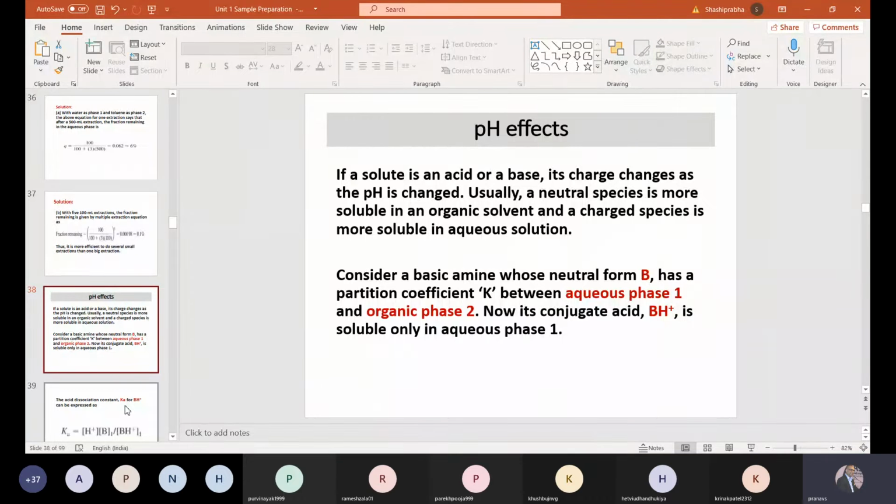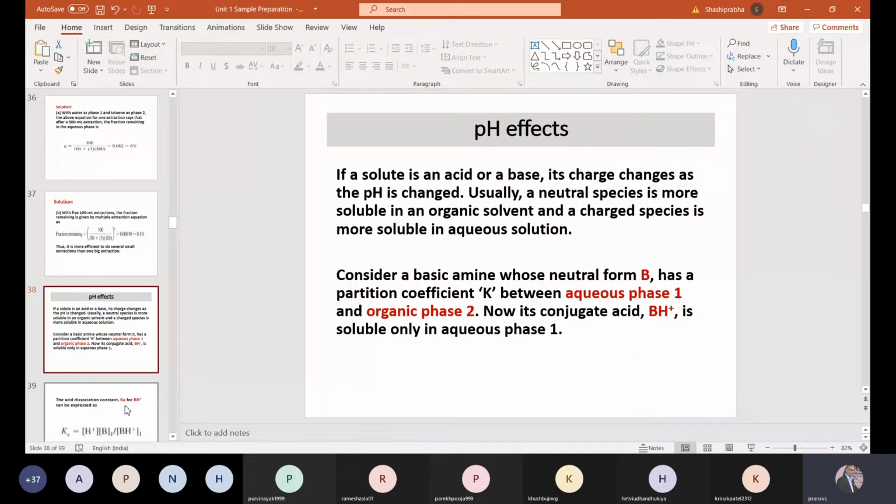Any pH of real samples. So there are chances that one can have species which are positively charged or negatively charged. In those cases, the extraction efficiency may not be very good when we compare it with the neutral species we just saw, because a charged species will not go to the organic phase.